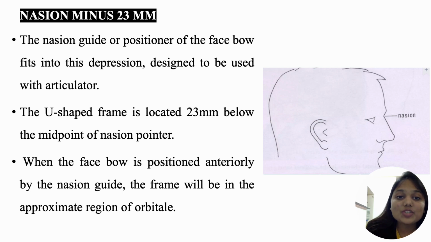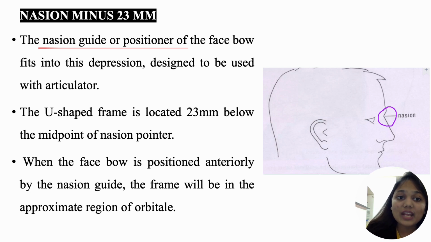Now nasion minus 23 mm. The nasion is the deepest part of the midline depression below the level of the eyebrows. So here this is the nasion. The nasion guides the face bow into the depression, designed to be used with the articulator.